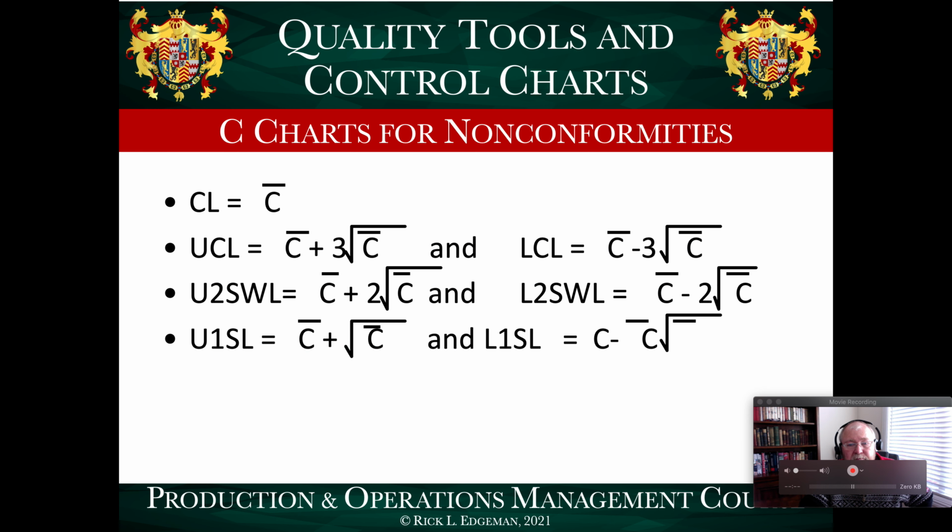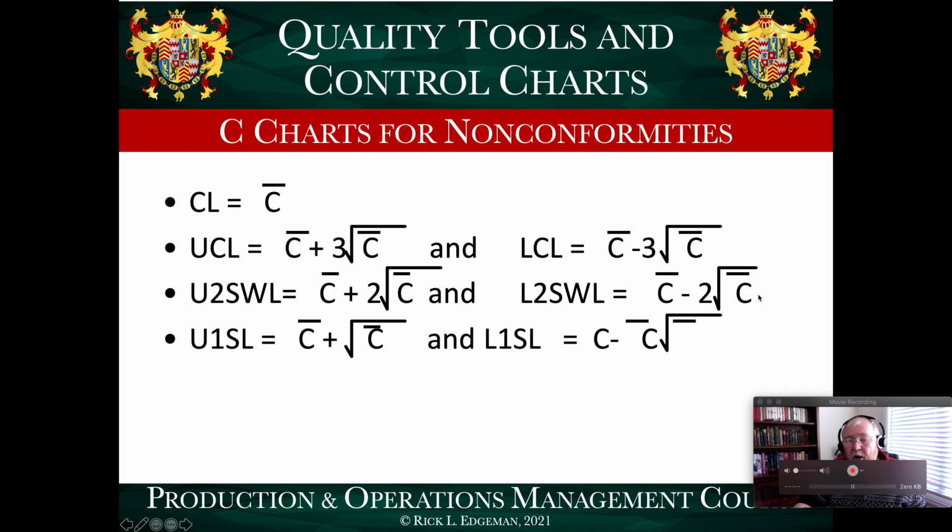Once I've done that, that yields these formulas for the coordinates of the 7 lines, with the note for you that you will not have a lower 1 standard deviation line anytime that c is less than 1. You will also not have a lower 2 standard deviation warning line anytime c is less than 2. And you will additionally not even have a lower control line anytime c is less than 9.